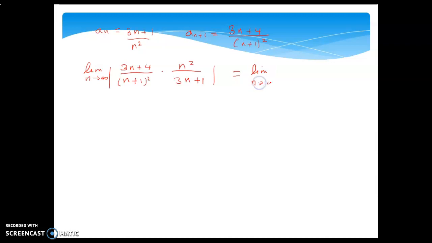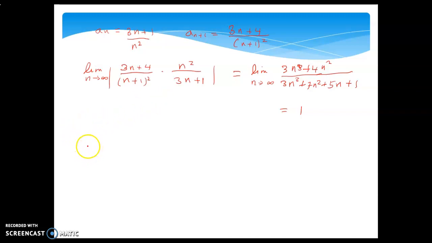So the limit as n goes to infinity of 3n cubed plus 4n squared divided by 3n cubed plus 7n squared plus 5n plus 1. When we take the limit of that, we will get 1. So 1 does not give me any information, but I can use another test to examine whether the series converges.